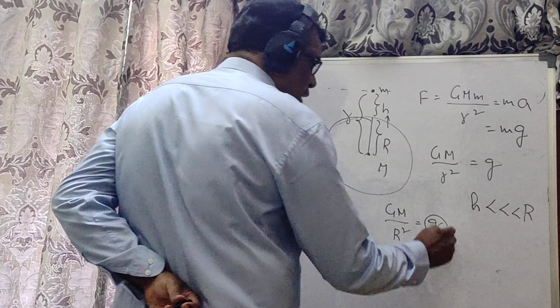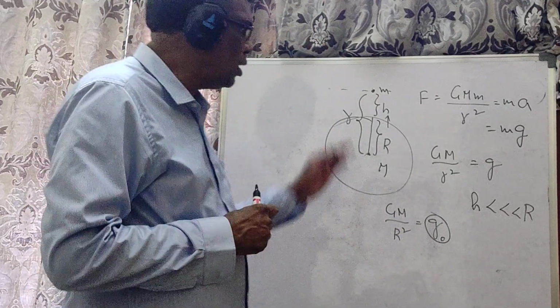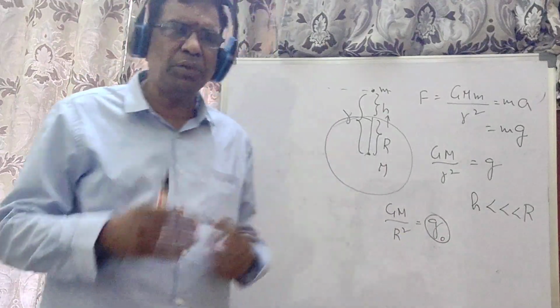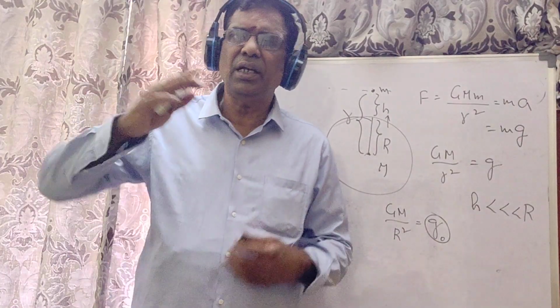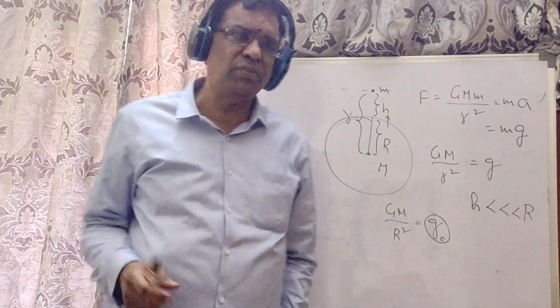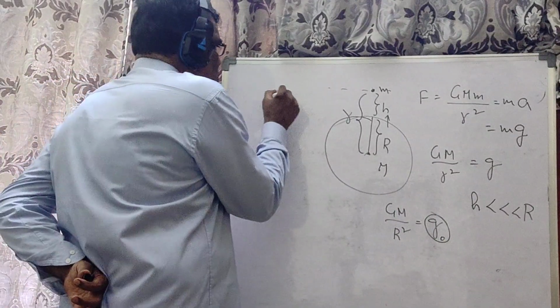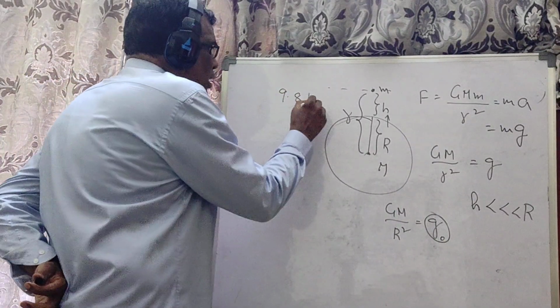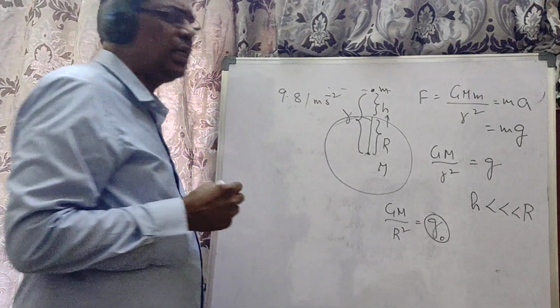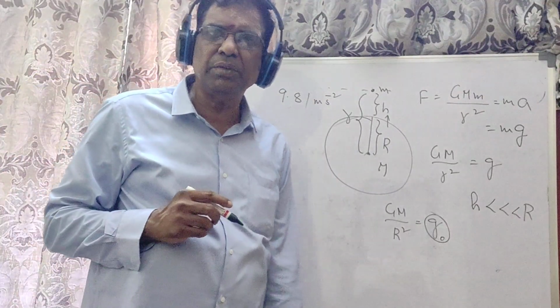And this is fairly a constant value when you go up to around, say, 10 to 30 or 40 kilometers above the surface. So virtually we take it as constant, whose value approximately you can take as 9.81 meter per second square.